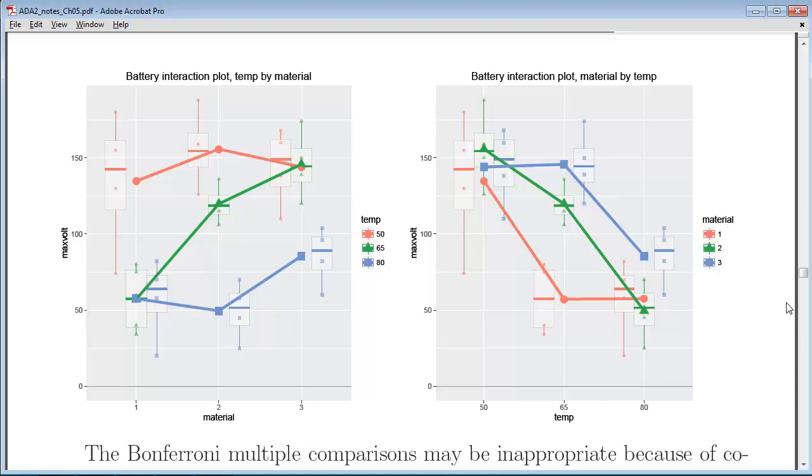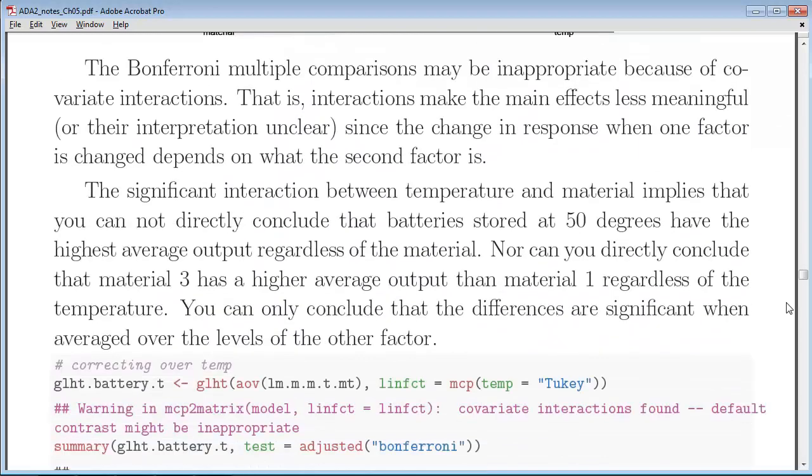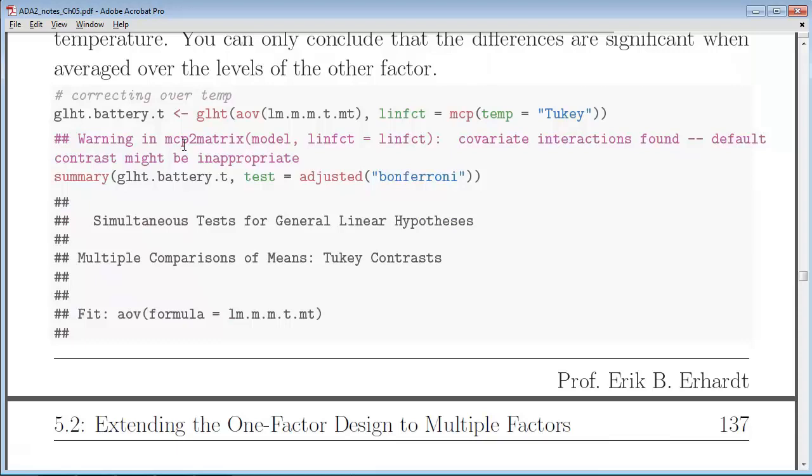Okay. All right, let's do some statistics. So, the multiple comparisons that we wanted to do using general linear hypothesis test, you'll notice that we get a warning when we try to use this function.